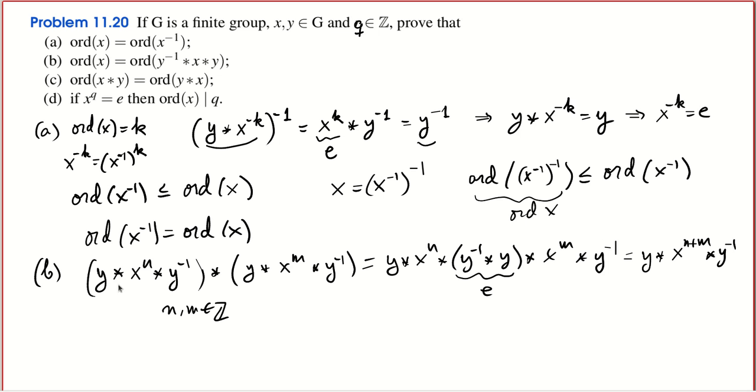Okay, if you multiply these constructions with two different powers, the result is the same construction with the sum of the powers. Then it's easy to see that by repeated application of this property, if we have this construction with x here, and we raise it to the kth power, then the result is just y times x to the k times y to the minus 1.